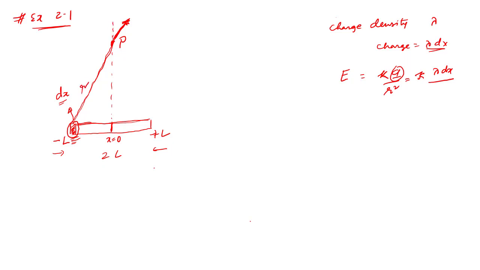But now look at this nice triangle here. Let's say this point P is at a distance z above the line, and let's say this element is at a distance x. And we're calling it a distance x because our intention is to vary this.